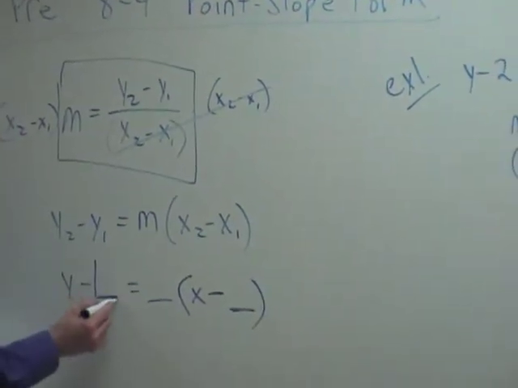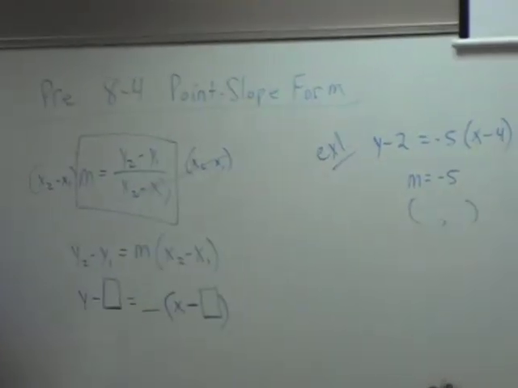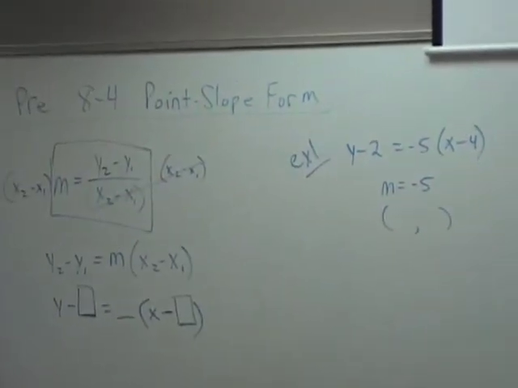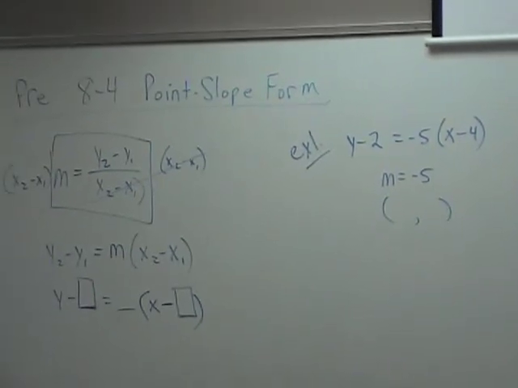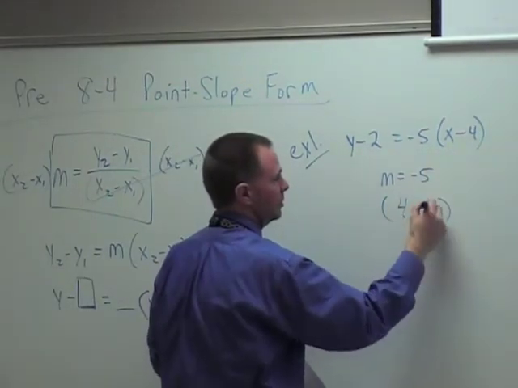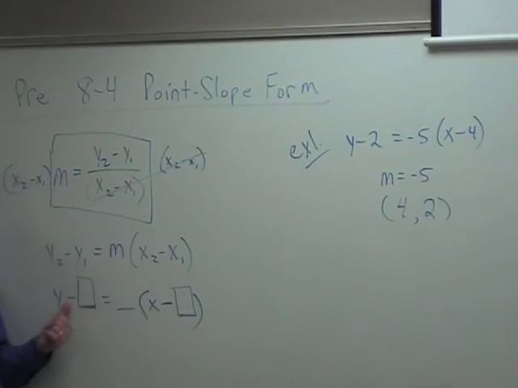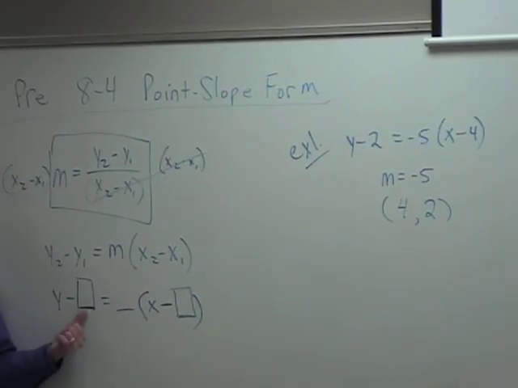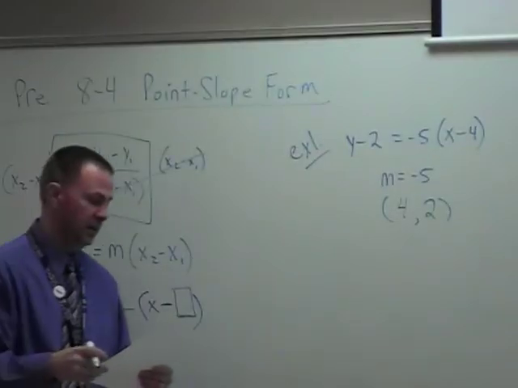So what's in this position? 4 is the x, and 2 is the y. So the minus sign is in front of whatever that value is. So having said that, tell me this answer.